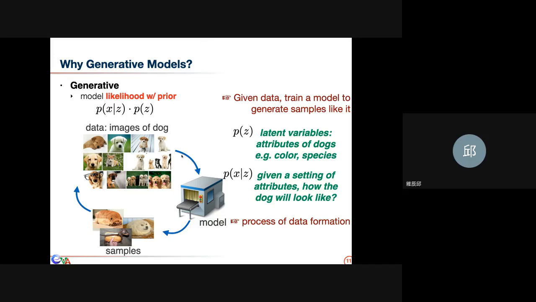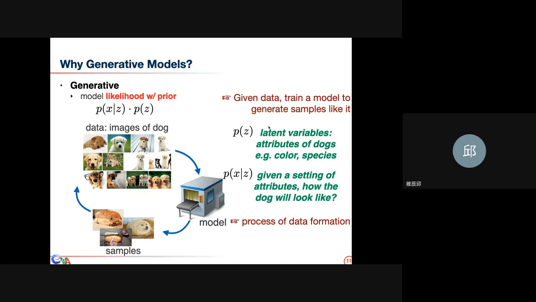Now if I try to have samples from my prior knowledge, I can sample a lot. I can sample out a lot of descriptions. I can sample out the Chihuahua, black color, and sample out the Corgi, white color, and so on.